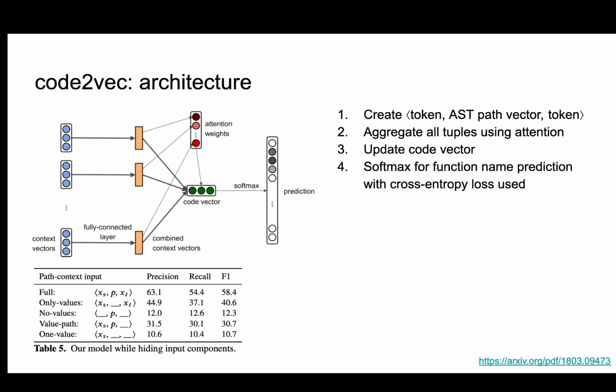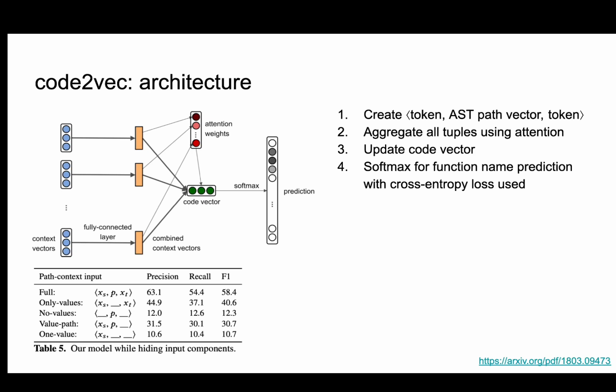We aggregate these tuples using attention and update the code vector, where the code vector is initially initialized randomly. We use softmax for function name prediction, and cross-entropy loss is used in this training method.